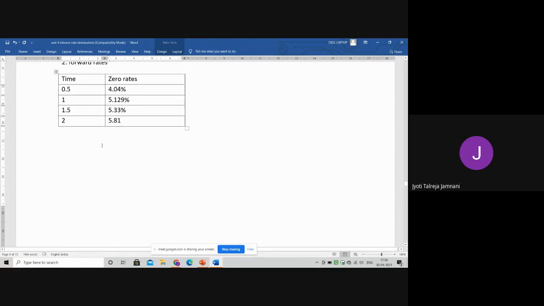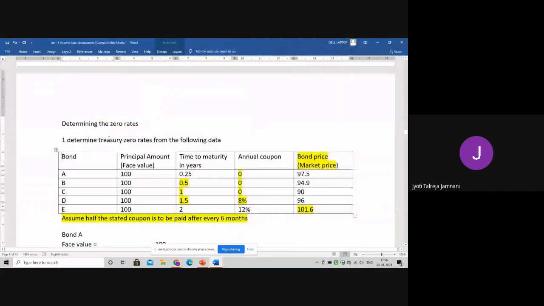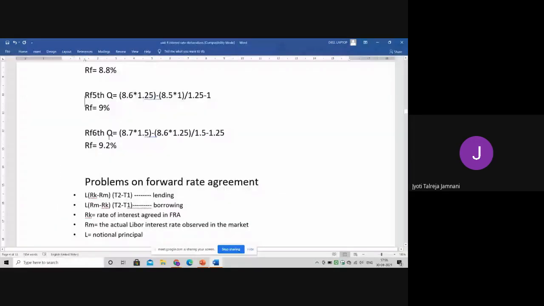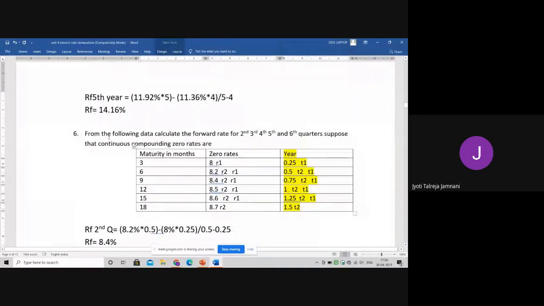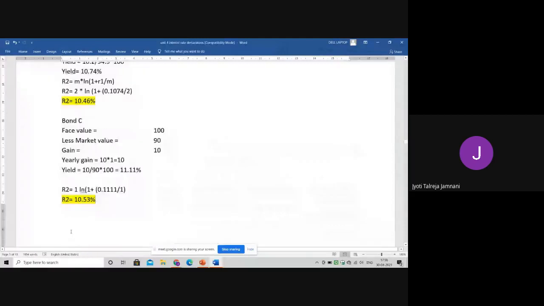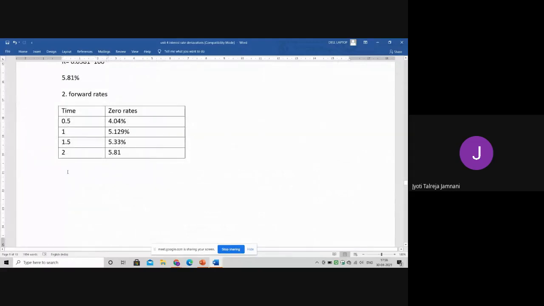It's asking to find the forward rate. Just copy the formula for forward rate from above. Put it in the formula and try for 2 minutes.